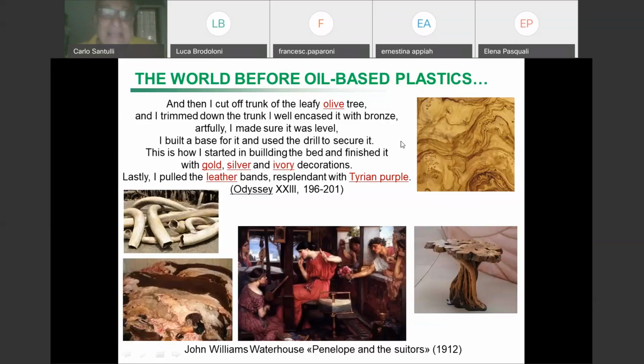For example, leather is heavily treated with chrome salts. So this may present a problem. But anyway, we are coming back to natural materials for some applications.